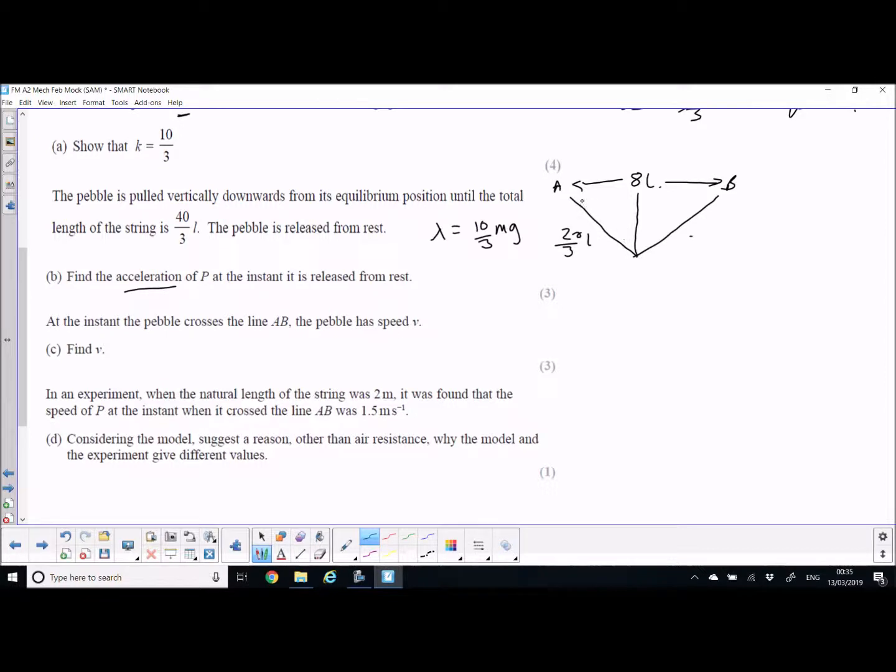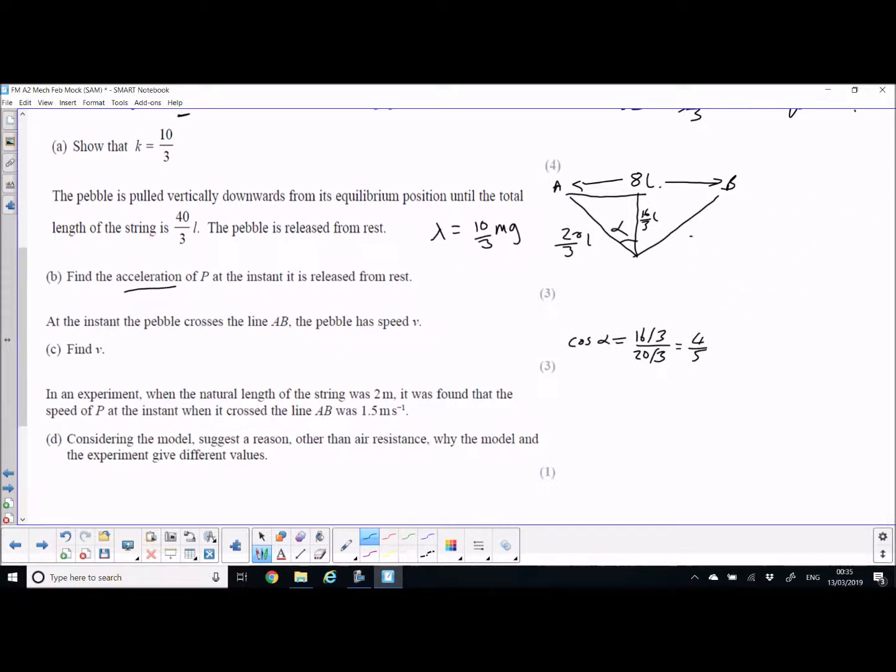If I look at my triangle again, obviously this side is going to be 4L, I can work out that this side is 16 over 3L. I'm going to have a new angle here, because angles are going to be potentially quite useful. And as I'm going to do some resolving, cos alpha is going to be 16 over 3 divided by 20 over 3, which is going to be 4/5.